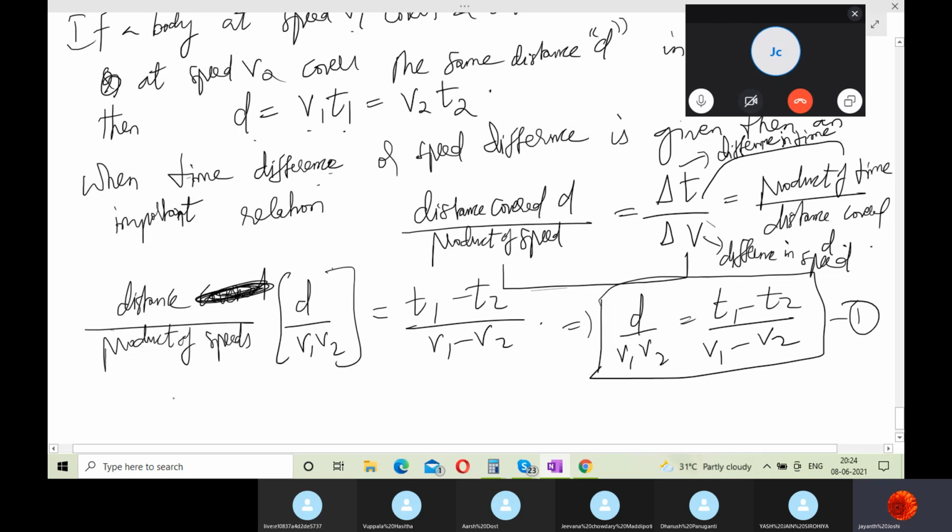You can write product of time, that is T1 T2 by distance covered D is equal to T1 minus T2 by V1 minus V2. Write on this one.